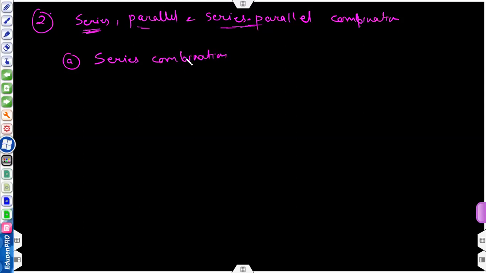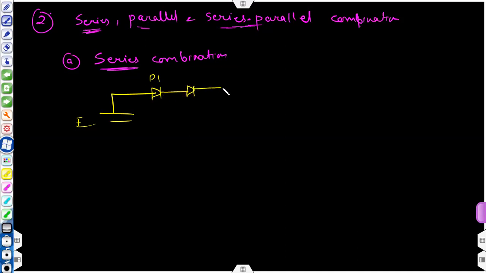Series combination means we have connected our diodes in series in our circuit. We have a circuit like this, and we have connected our diodes in series like this. This is D1, this is D2, and this is external resistance R. So now D1 and D2 are in series combination.